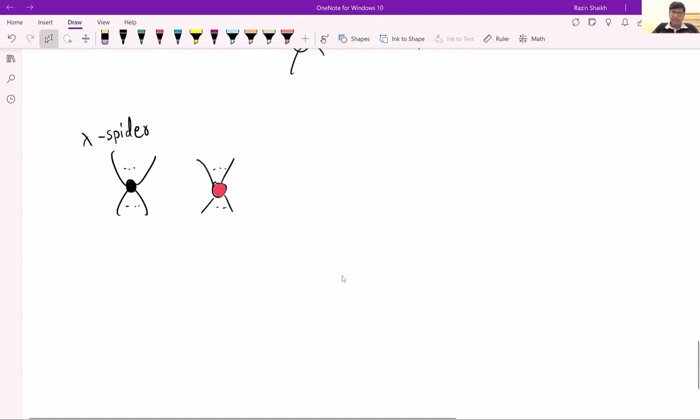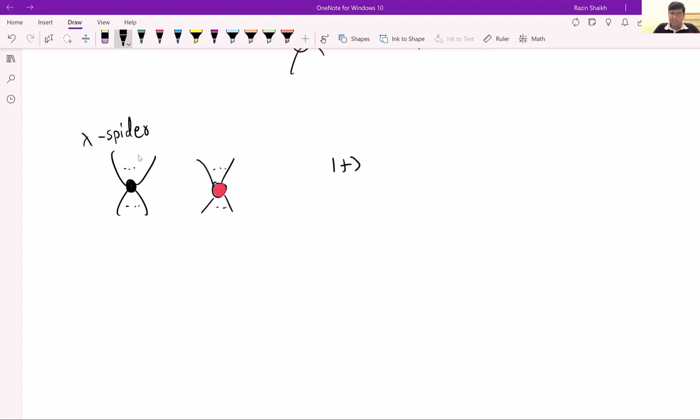So to understand what this X spider does, we need to define... there is a question, I think. Okay. So for this X spider, before I show what the bracket notation is, I can first define two extra states.